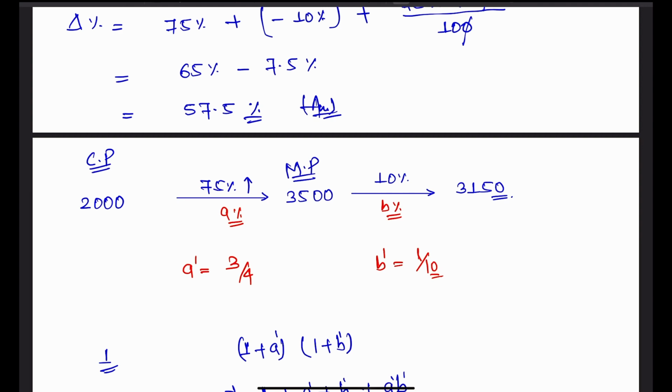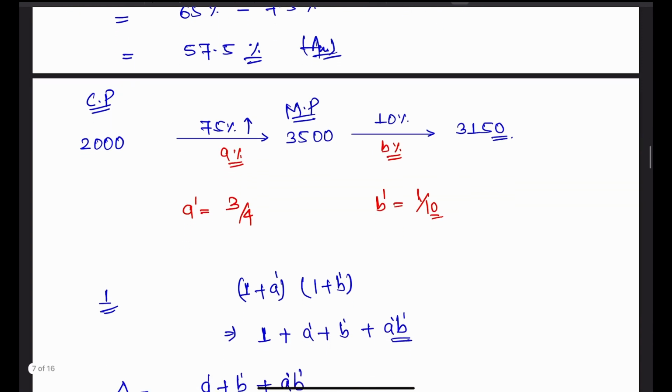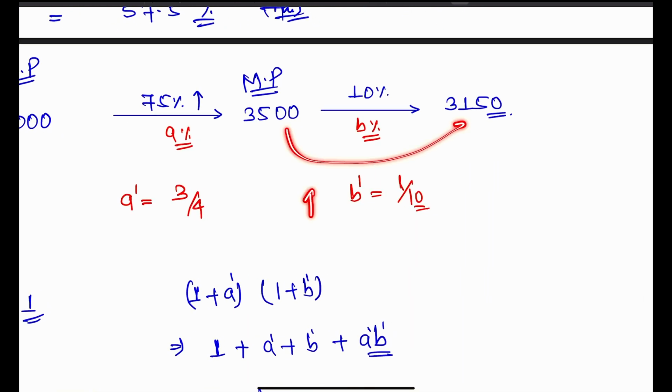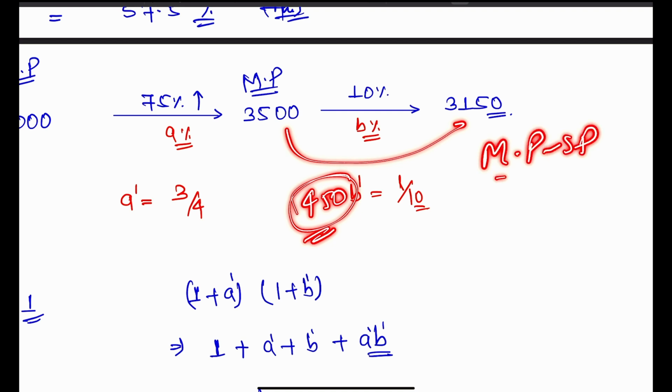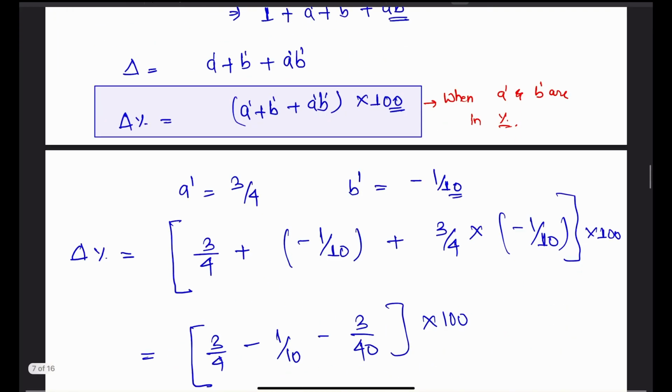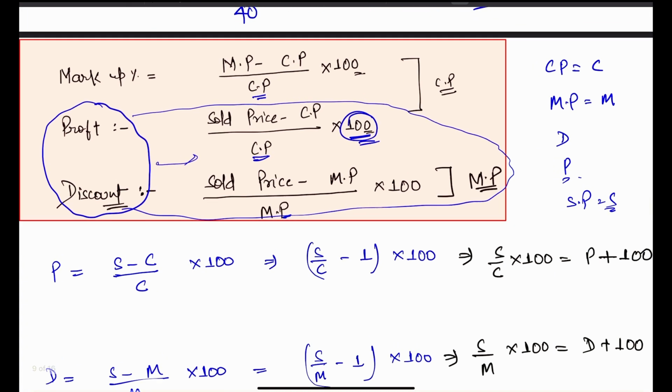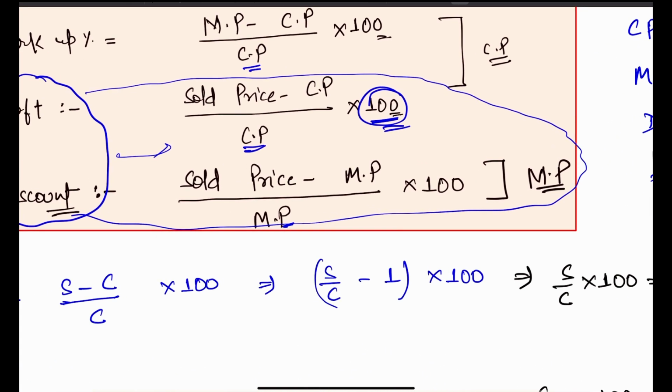Or sold price minus market price? How much discount did Bhaiya give us? Bhaiya gave us 450 discount. So how did I calculate it? Market price minus sold price, right? So this is a fundamental mistake I made in the formula. Here it will be market price minus sold price.